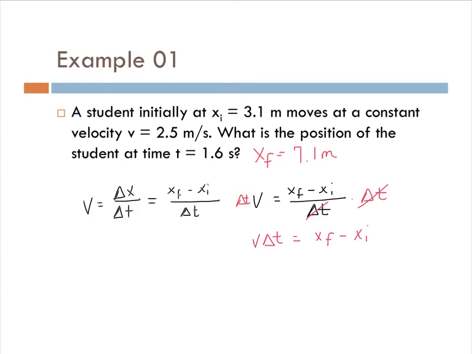Then we add initial position to both sides, and plug in our final numbers. So we had 3.1 meters for our initial position, plus 2.5 meters per second, times 1.6 seconds. Always double check that your units work out. So here, seconds and seconds cancel, and we have meters plus meters gives us meters, which is good because we're solving for a position.